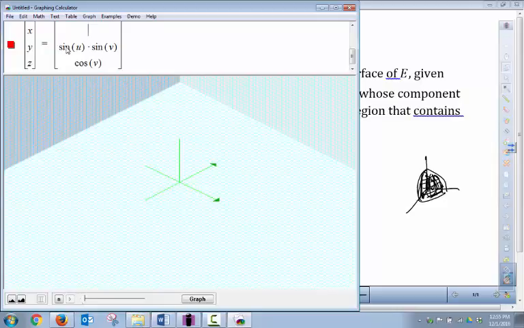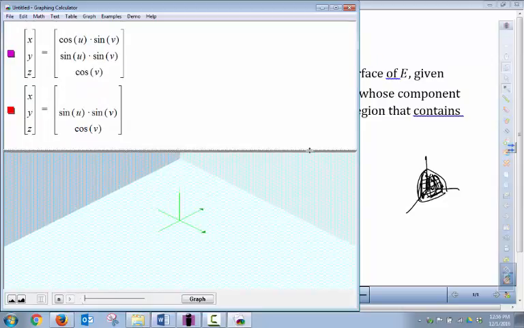By the way, how would you get this? I mean, how would I parameterize this using U's and V's? Well, I was going to do some extra credit stuff for you guys to try to come up with parameterizations for pieces of things.